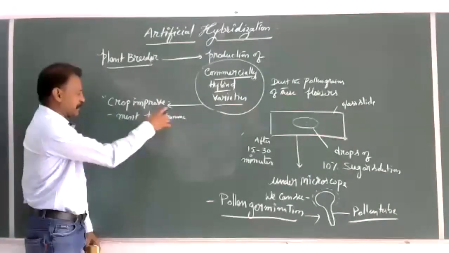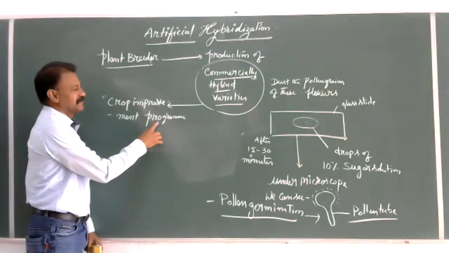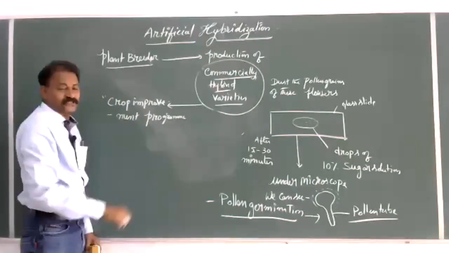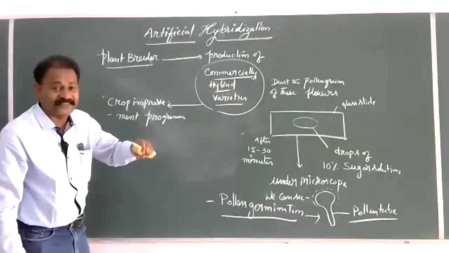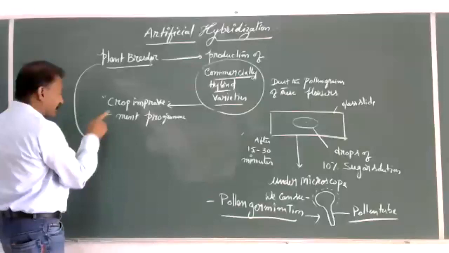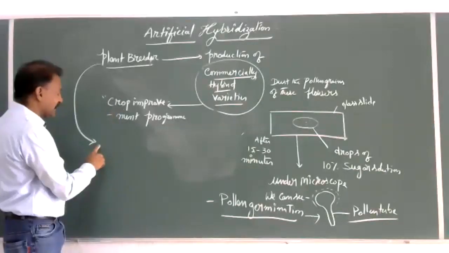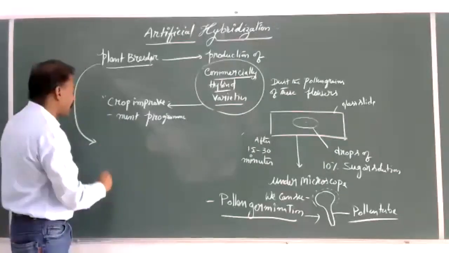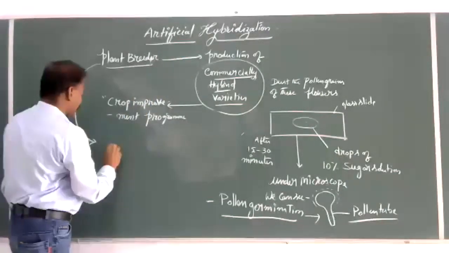For this crop improvement program by a plant breeder, the approach or the method or the process is going to be considered. For this crop improvement, he takes into consideration a process called artificial hybridization.